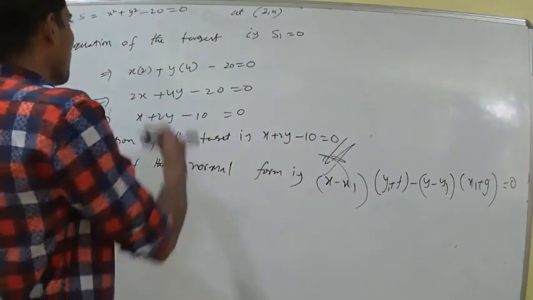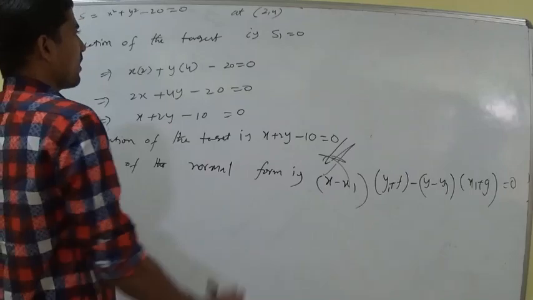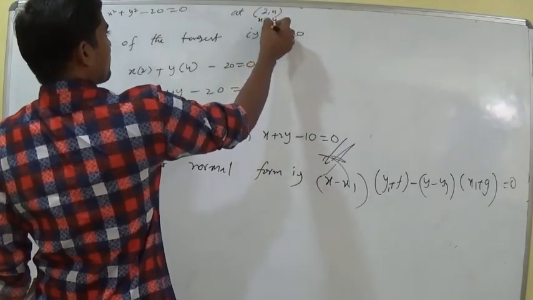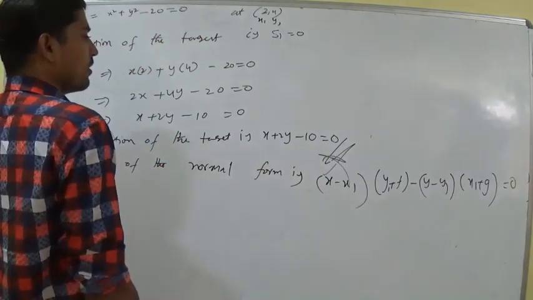So, same problem, we have to write the normal form. Let us find here x1 and y1. This is x1, this is y1. Now, what about g and what about f?